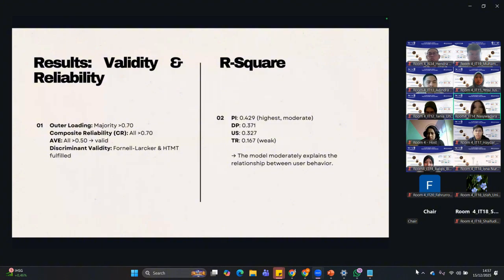The results show that all proposed hypotheses are statistically significant, with loading factors mostly more than 0.60, composite reliability or CR all above the threshold, AVE, and discriminant validity.